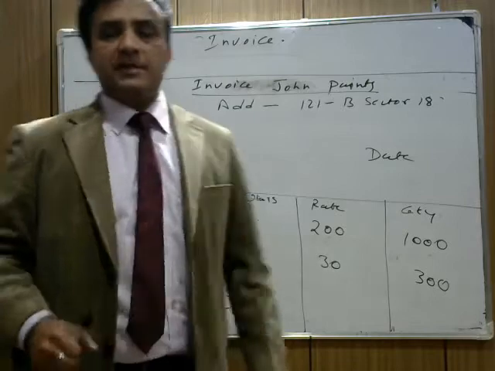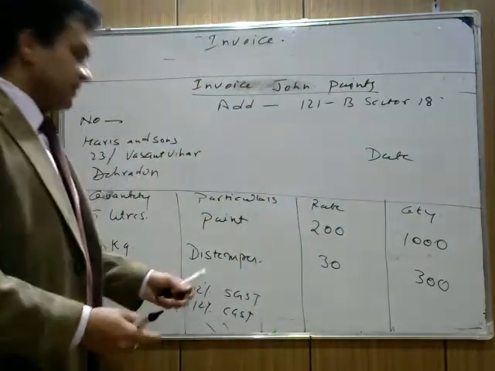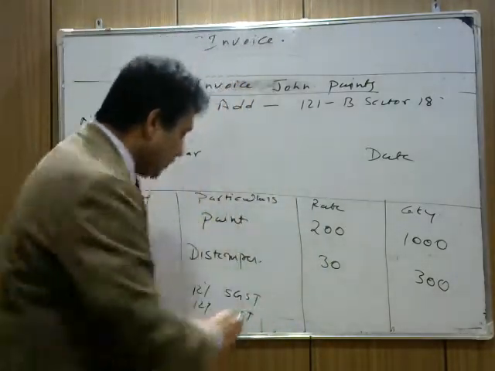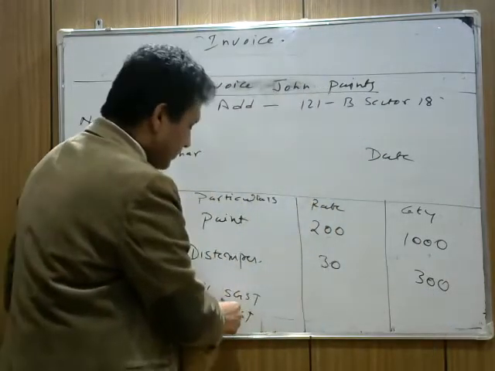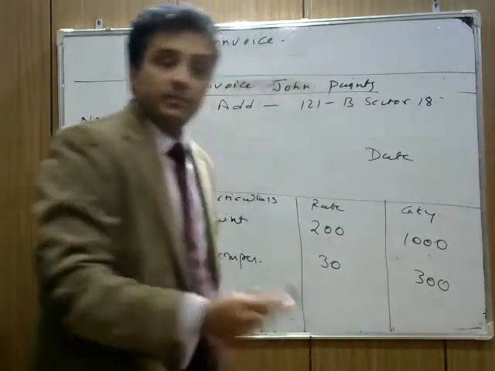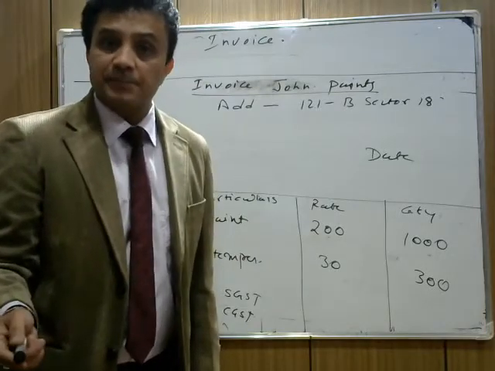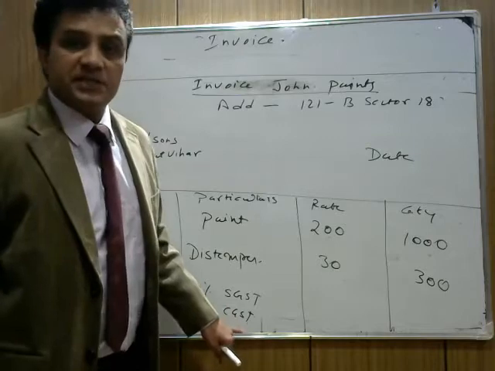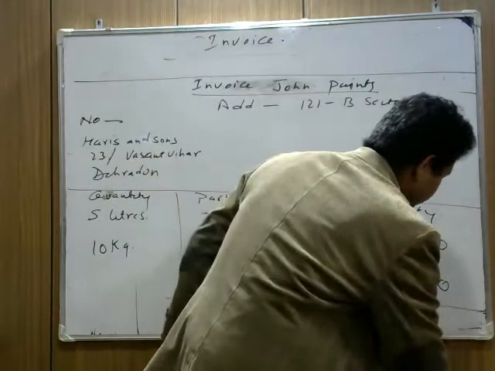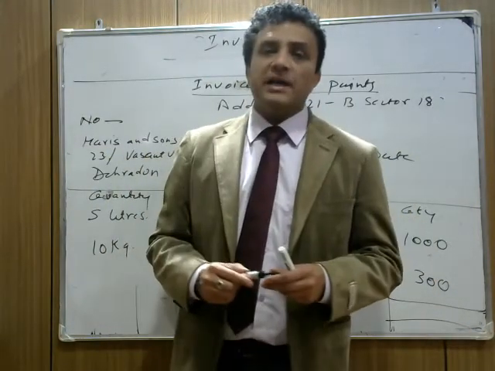For a paint shop it is around 12% or maybe 6% you have to pay. So including all these things comes the total. On the 1300 rupees you have to pay 12% SGST, and 12% of 1300 is around 360 rupees. So here comes this total. Thus you prepare the invoice.